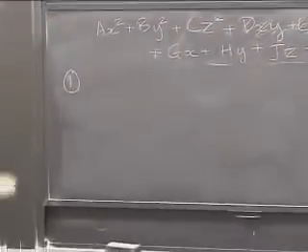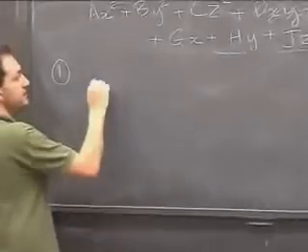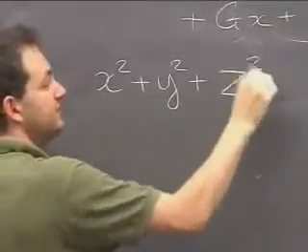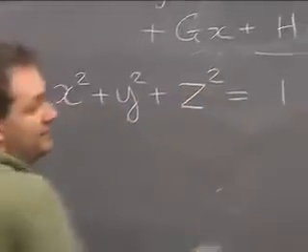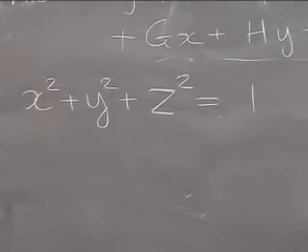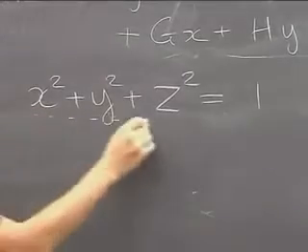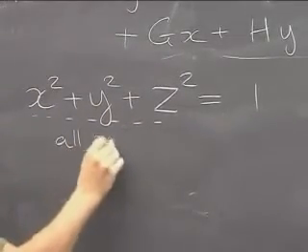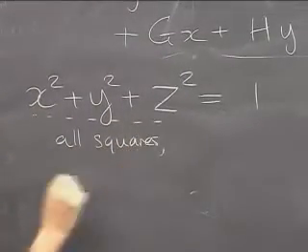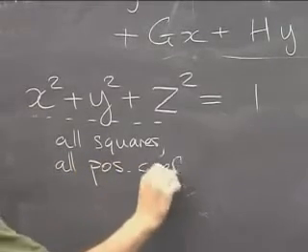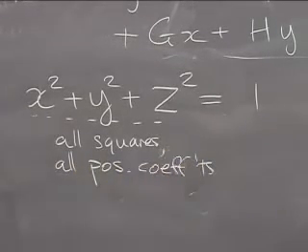Suppose we have only squares. So the prototype is x squared plus y squared plus z squared is equal to, say, 1. This is the prototype of this. So the point is that they're all squares, and they're all positive coefficients. So this is the first family.